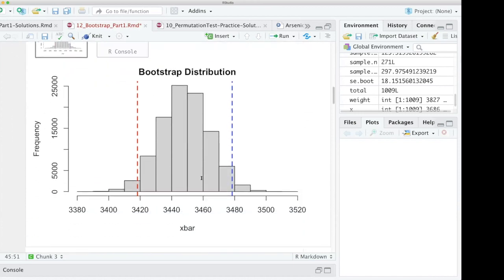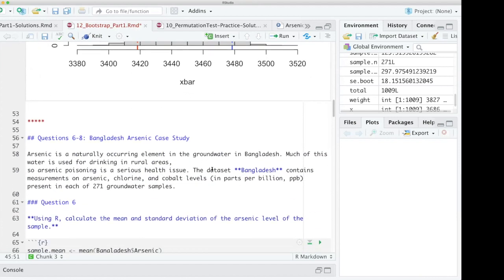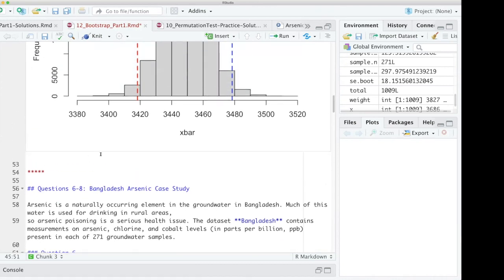That's showing the cutoffs there. And in between those two lines sit 95% of the bootstrap samples that we got. So, any questions about that part?